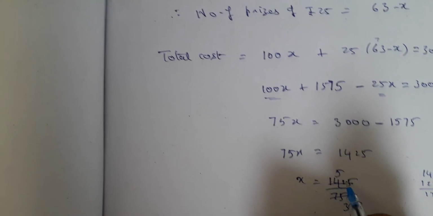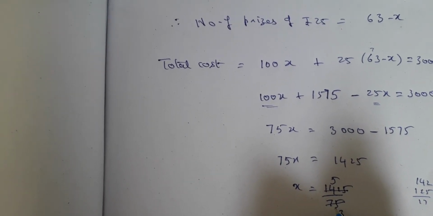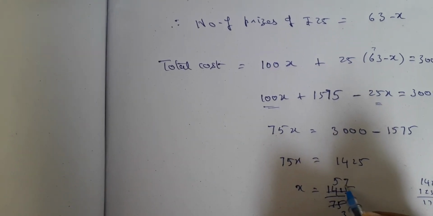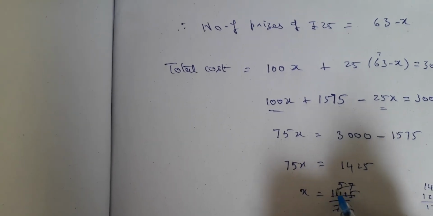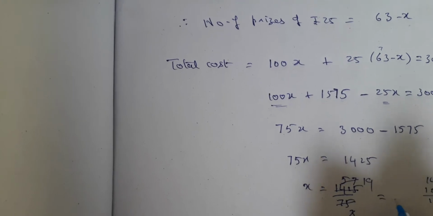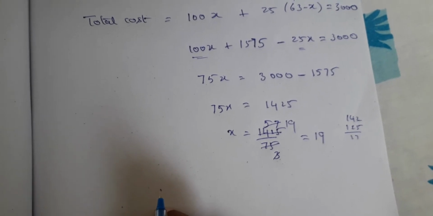So 175 now we have. 175, how many times will 75 go? 25 will go in 175 seven times, and 4 plus 3 is 7, so 57. Now 3 19s are 57. So you have x is equal to 19. You got x is equal to 19.